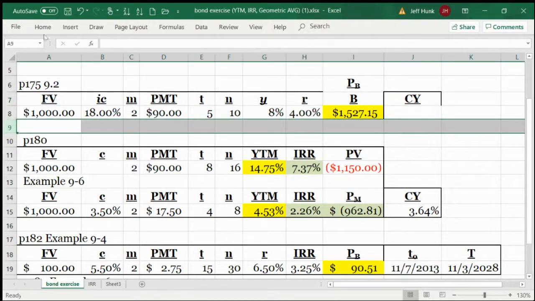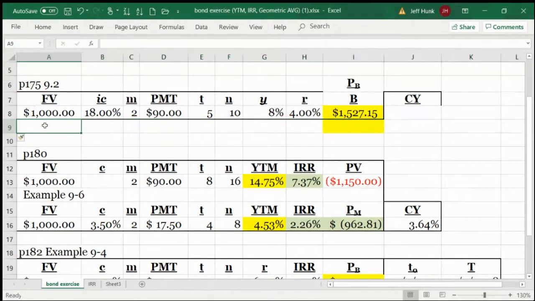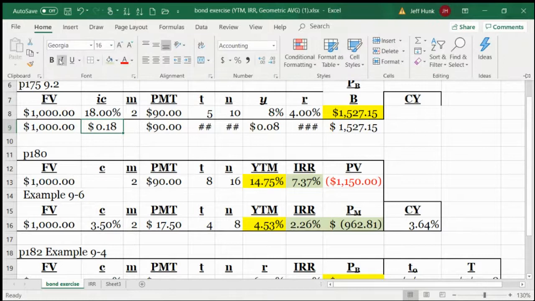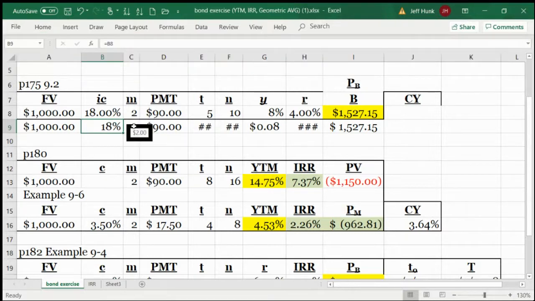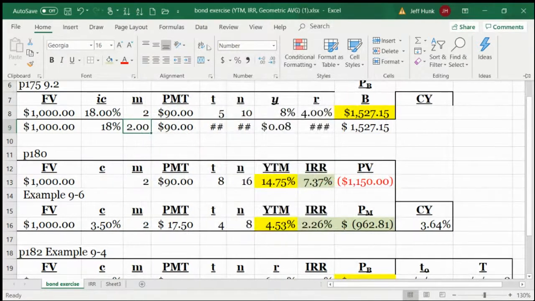If it was a regular bond, let me insert another row, and then I'm going to copy all and just make this general, not dollars.